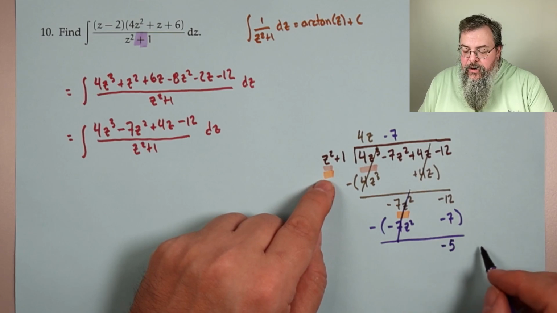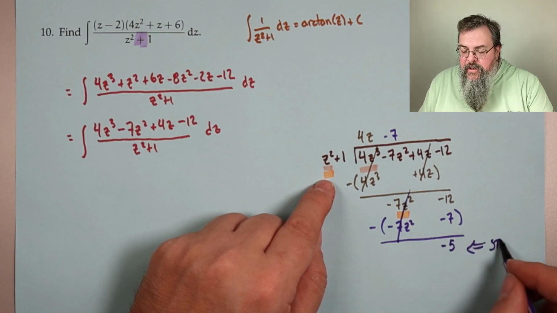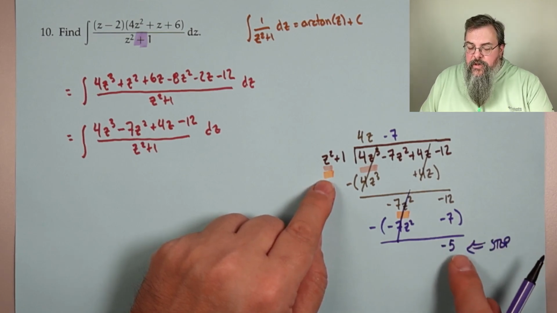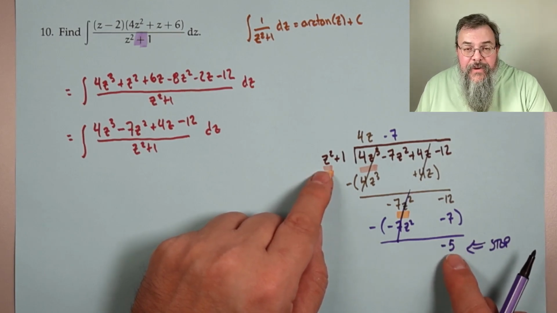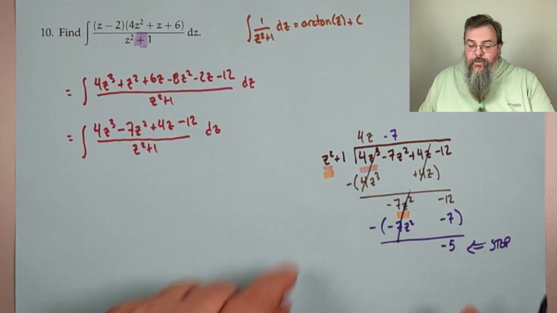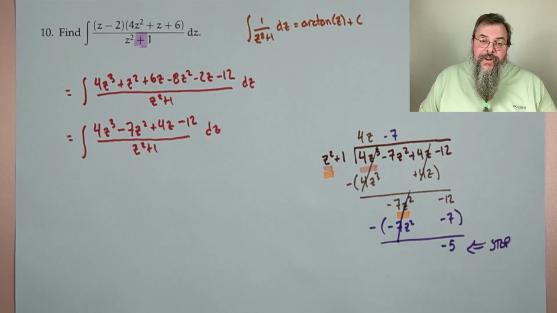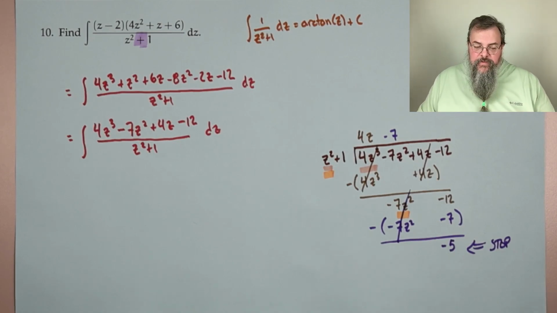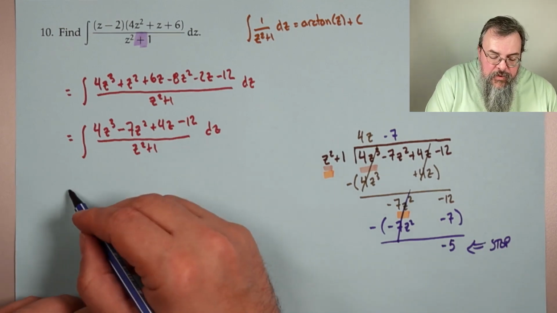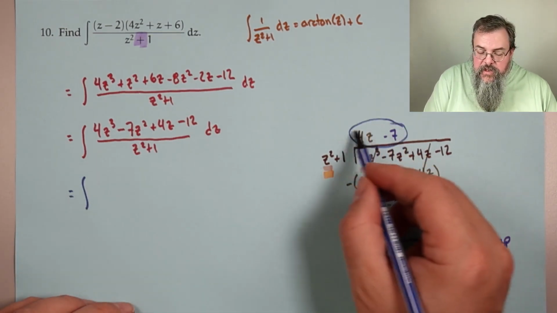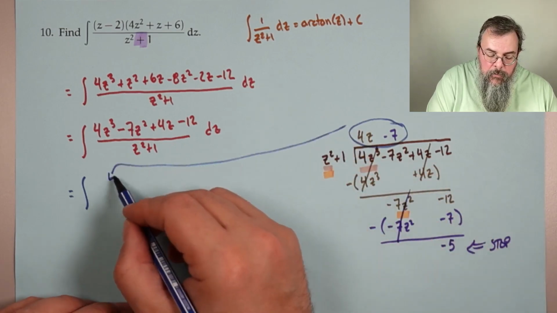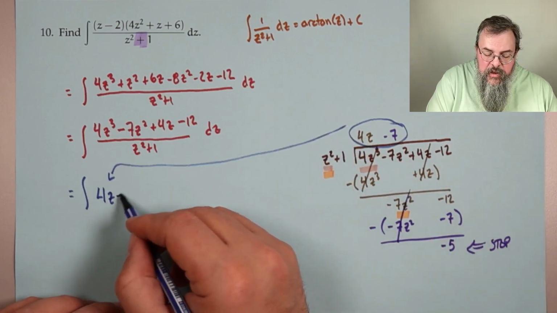Now here we stop. Why do we stop? Well, look, the power here, z squared, is bigger than the power of 5. So what does this tell us? Okay, so here's what this tells us. We have the following. This is equal to the integral. The long division says, okay, take the 4z minus 7, and that has nothing below it.